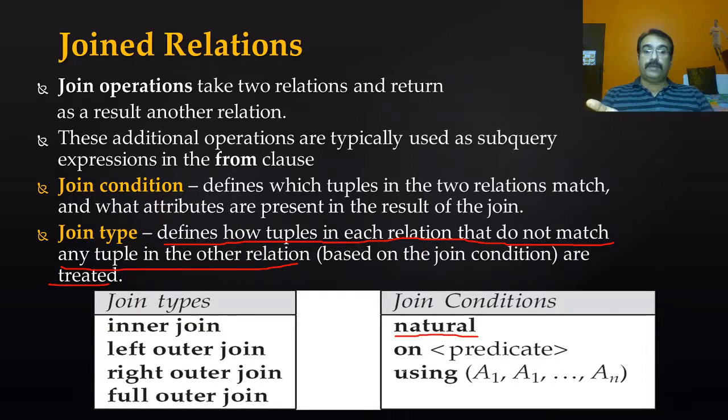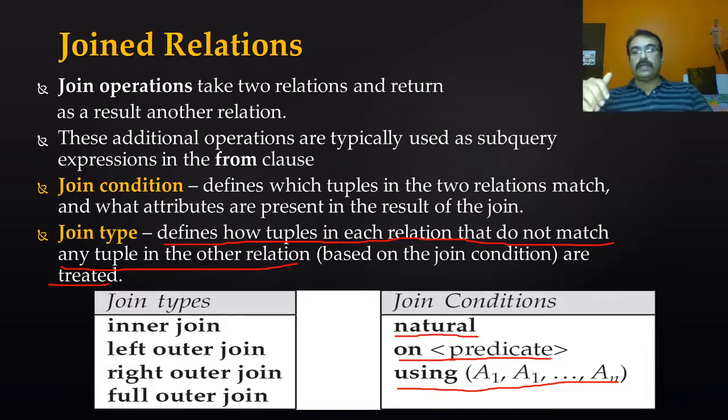If I am going for a selected one, then I can list those attributes. If I want the equality imposed only on B, then I can list out B here, or I can list out a predicate, a condition with which I can mention how they should be joined.